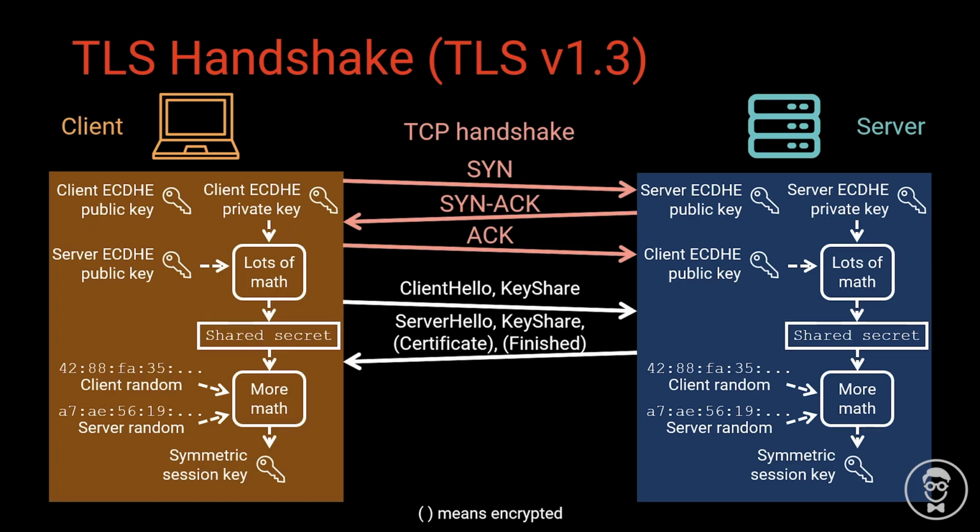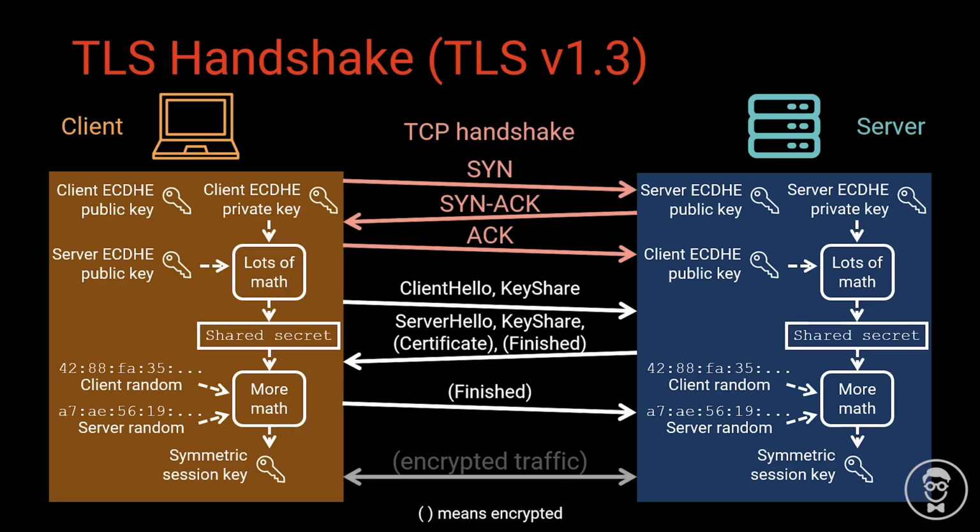It can use this key to decrypt the finished message from the server and verify that the encryption and decryption process is working. Finally, the client sends the server an encrypted finished message, which the server decrypts using the session key. By eliminating that final server-to-client message, the handshake process is now a little faster.